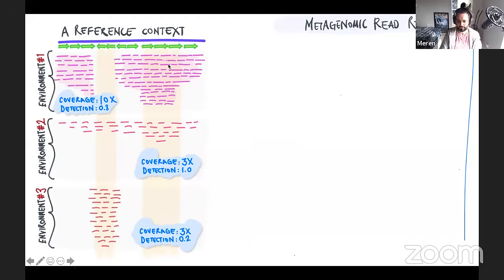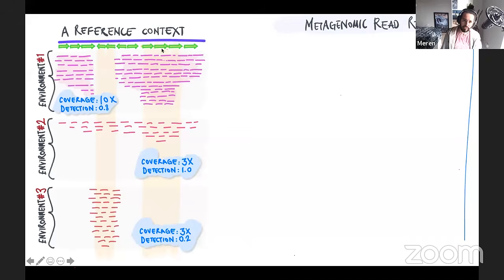The coverage, also called depth of coverage, is the depth of sequencing, the depth of these sequences when you stack them, when you align them to your reference context through read recruitment.